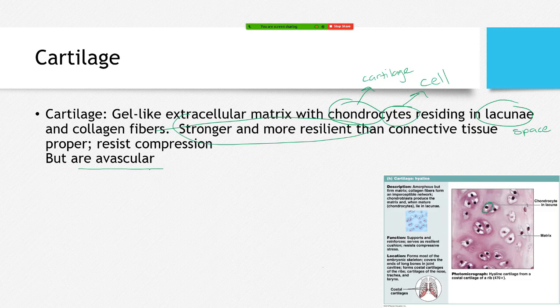Yeah. Things that are more viscous is going to be harder. And then if you get to gel-like, it's going to be even more solid, right? So it's going to be even harder to move through something that's solid, right? So that's why whenever we injure ourselves and we end up causing the cartilage to be damaged, it's going to take a long time for it to end up healing.